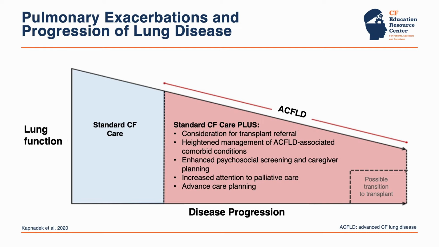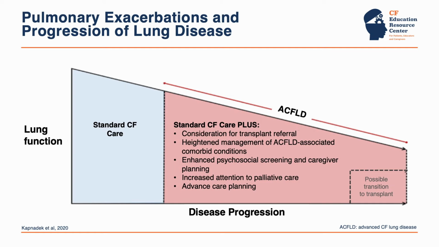We think about psychosocial screening and caregiver planning for how patients are going to be provided their needs as they develop more disability. We have increased attention to things like palliative care for anxiety and depression that are oftentimes associated with significant lung disease, and then planning in some cases for end of life and how much aggressive care patients want when they have very severe disease.